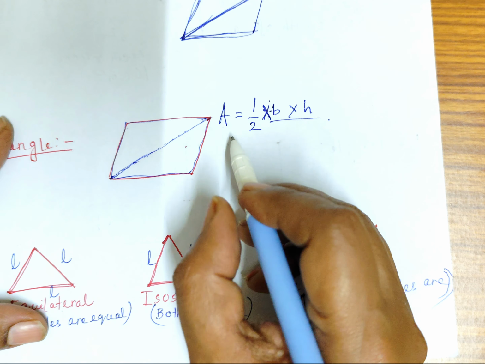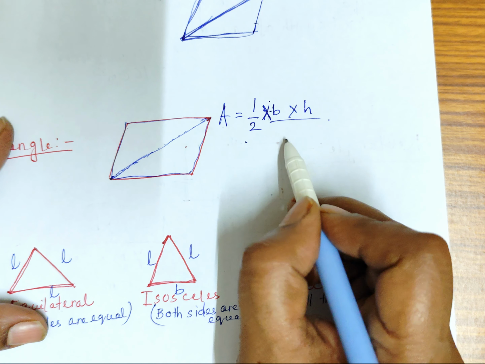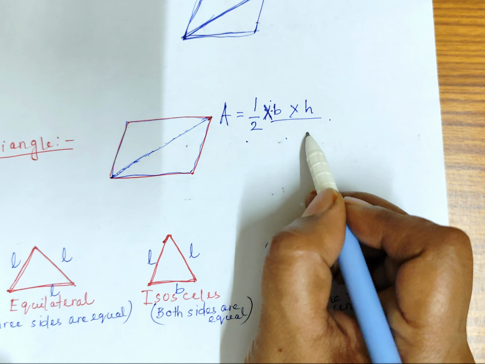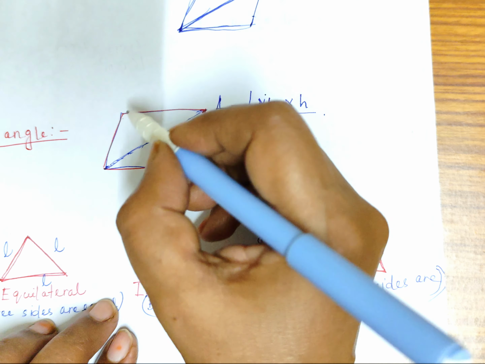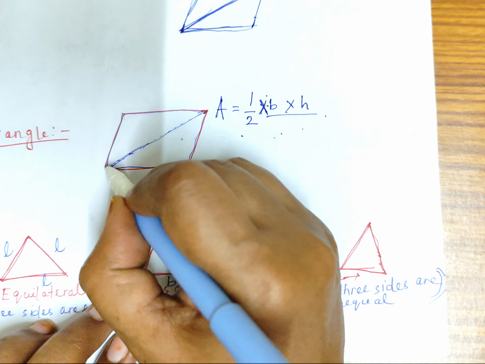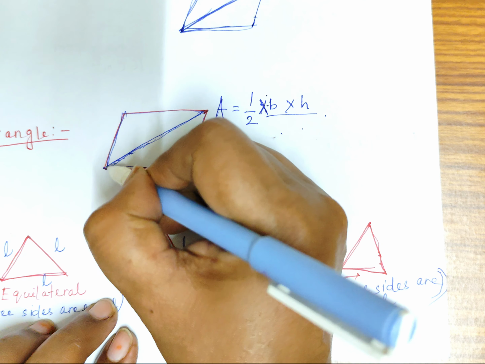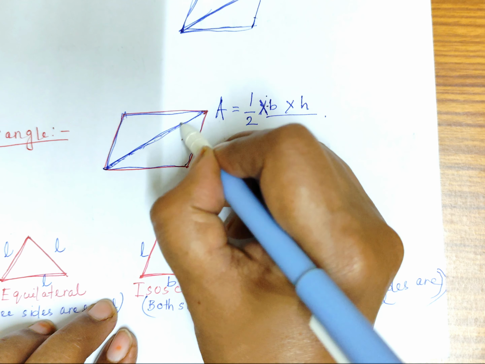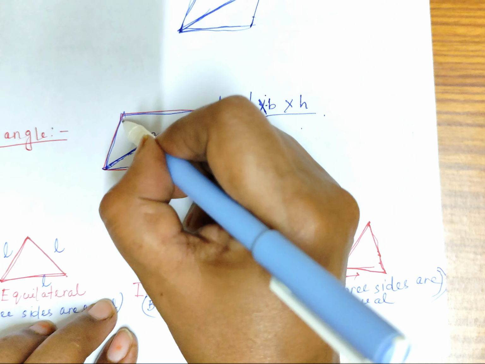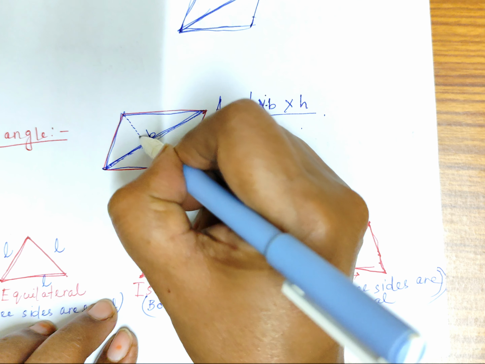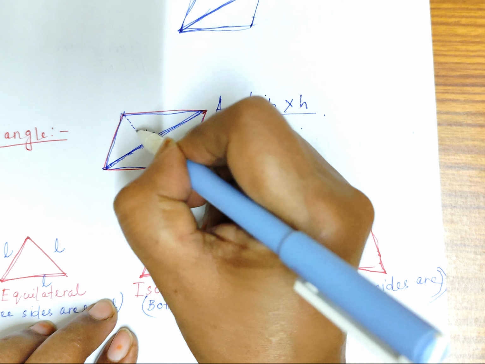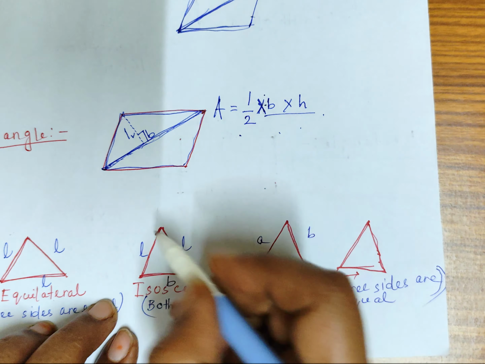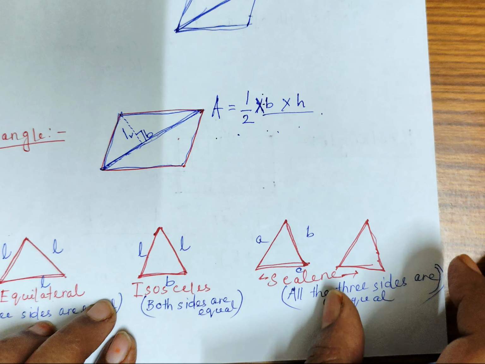So for a triangle, the area will be half into base into height. Okay. Here, if we take this one triangle, this will be the base for this triangle, and opposite to it we will draw the height. This is our height. So this is half into B into H.